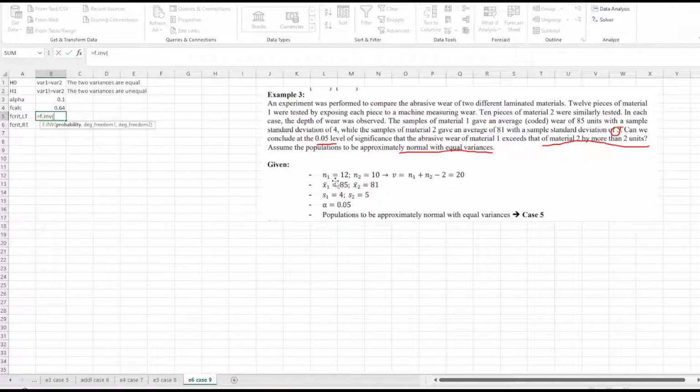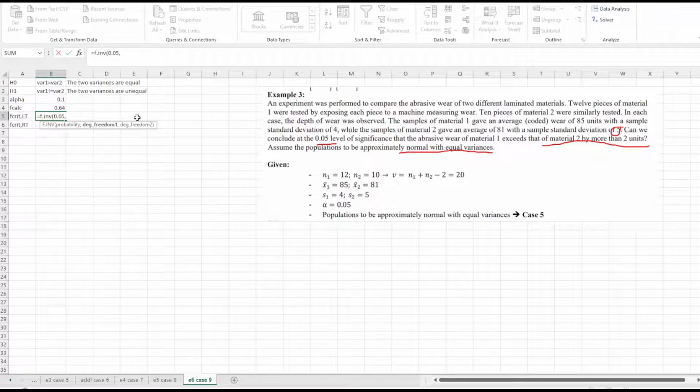Since this is a two-tailed test, we split the alpha. Alpha here is 0.1, so the left tail should have 0.1 over 2, or alpha over 2, which is 0.05. The right tail also has its own 0.05.